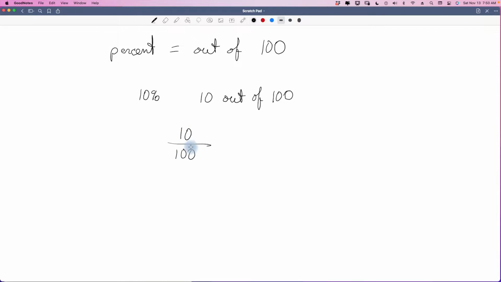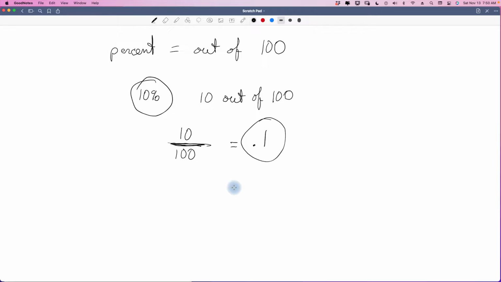Now if we put this on a calculator and treat the fraction like a division problem, which is what a fraction is, we end up with 0.1. And that is how we turn 10% into a decimal.